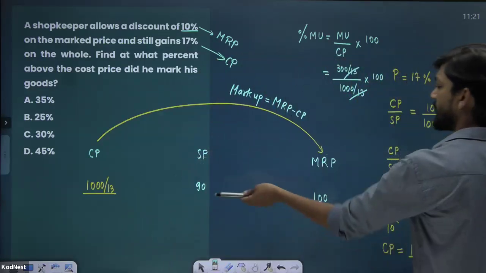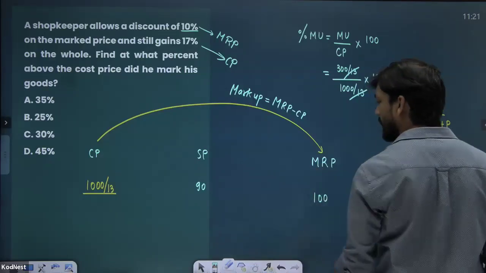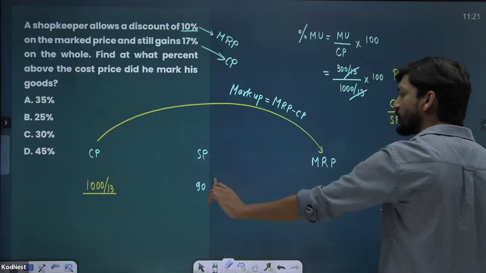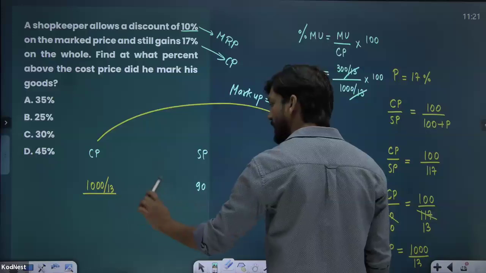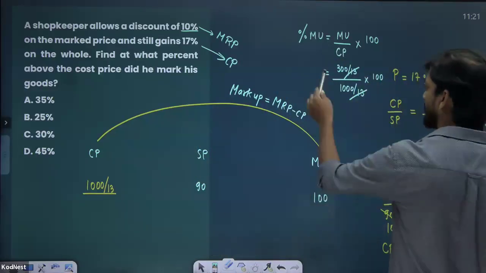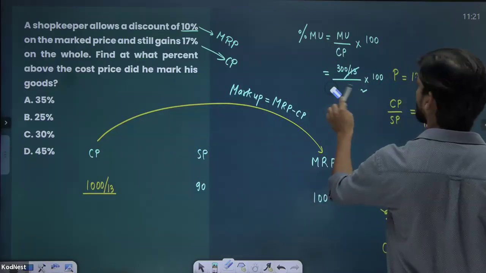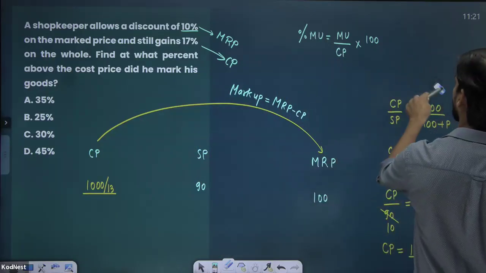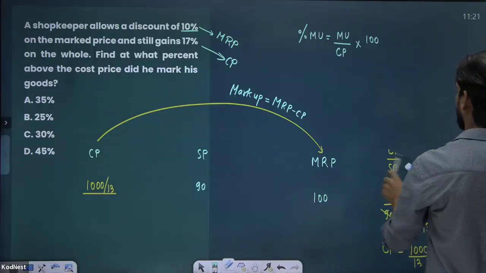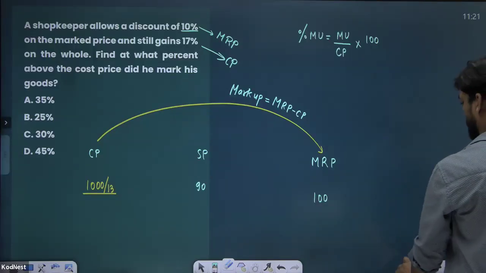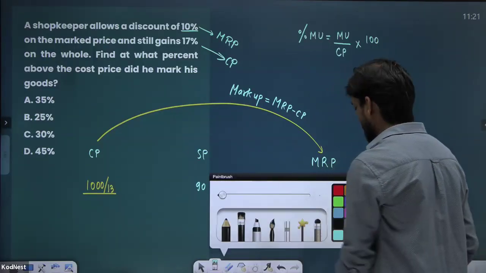All right. So these are the three values which we have. I want to modify the values so that everything becomes integer and simplified. Okay. All right.